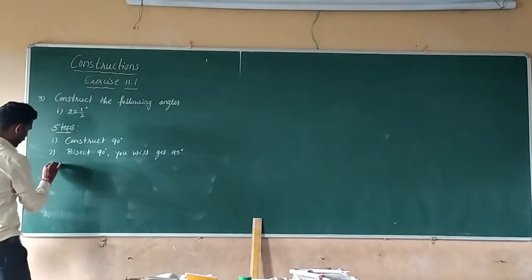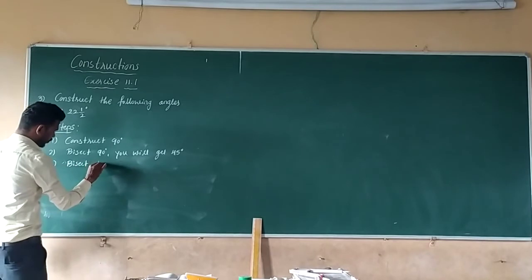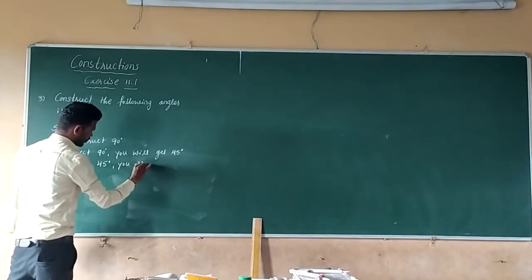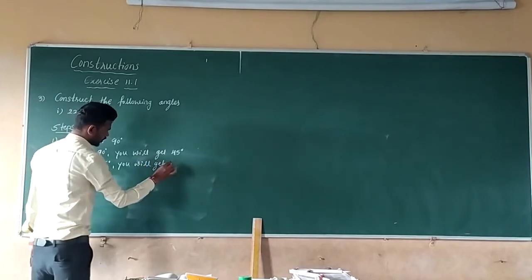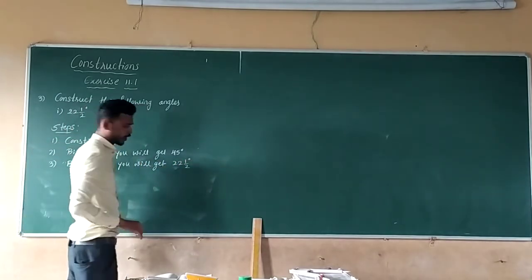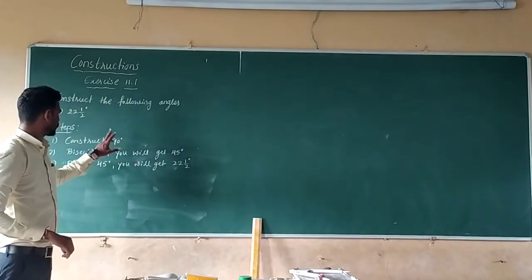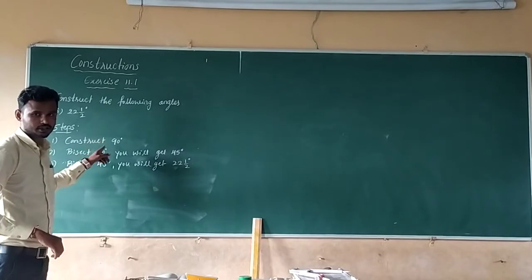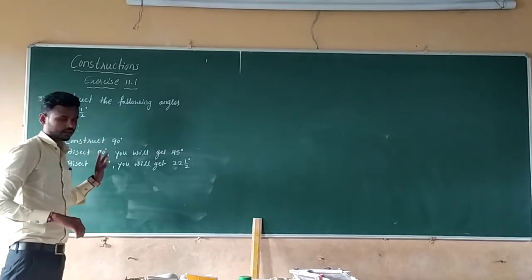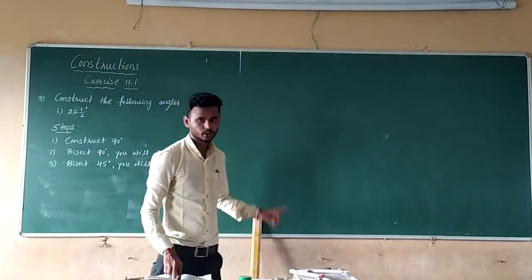And next, third one, bisect 45 degrees, you will get 22 and a half degrees, that means 22.5 degrees. So you know the steps of construction of 90 degrees, 45 degrees, everything. You only write that. So now here I will just construct that 22 and a half degrees.